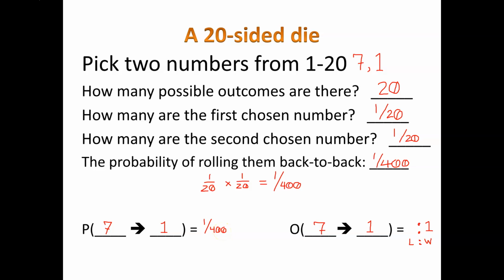Only one of them is a winner. So how many losers are there? 400 minus 1, it's going to be a little hard to write, is 399. So the odds of rolling a 7 followed by a 1 are 399 to 1.